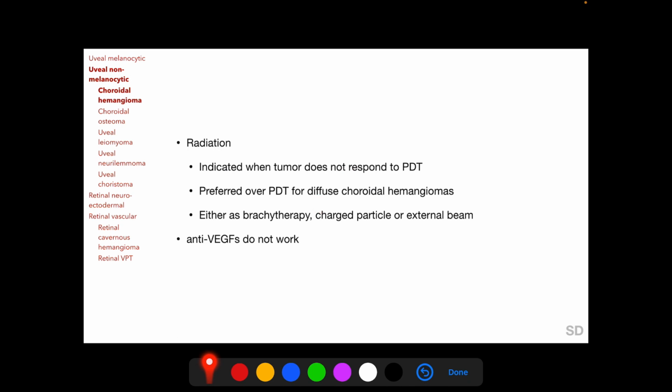Radiation can be delivered either as brachytherapy, charged particle therapy, or external beam radiotherapy. So this is a situation where radiation therapy is a treatment option for a benign tumor. And it has been found that anti-VEGFs do not work in cases of choroidal hemangiomas.